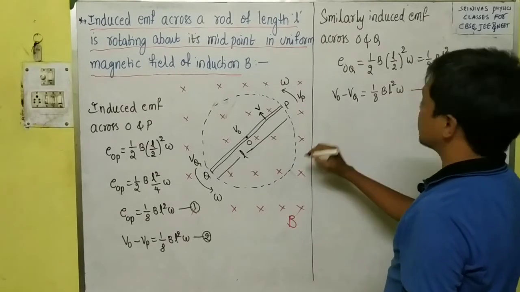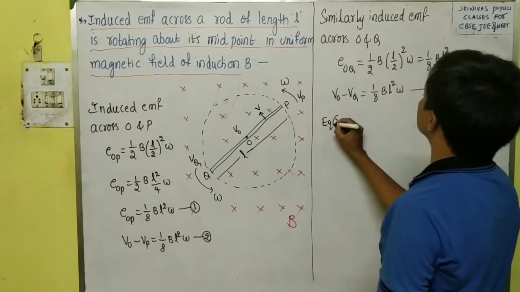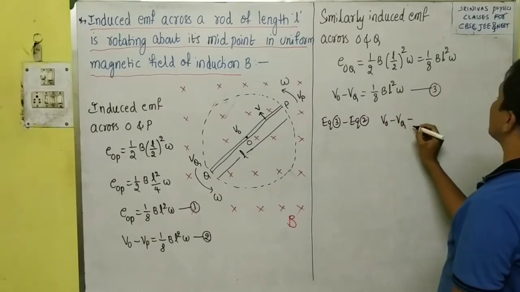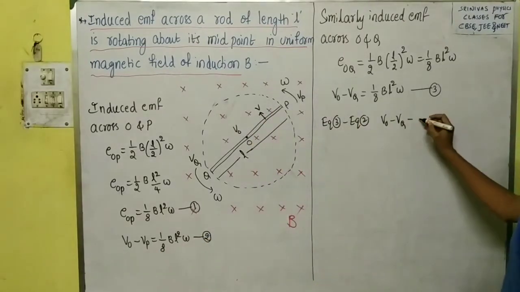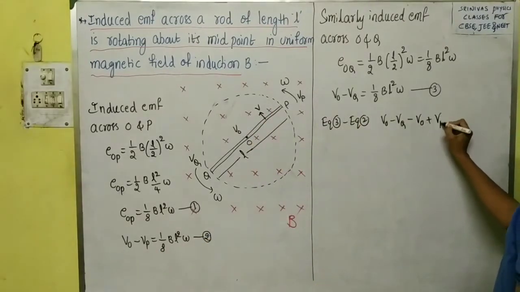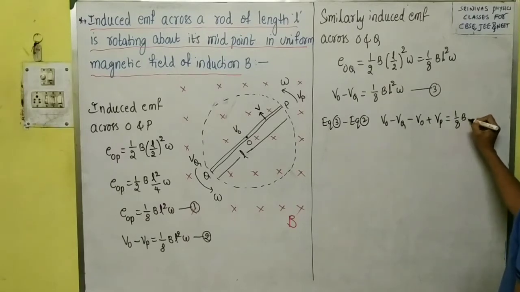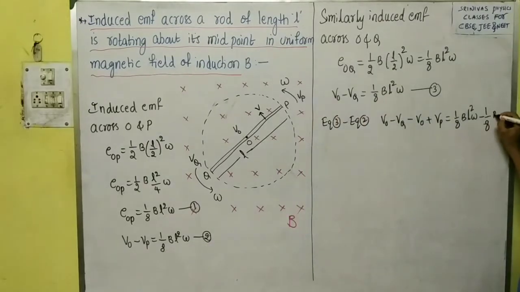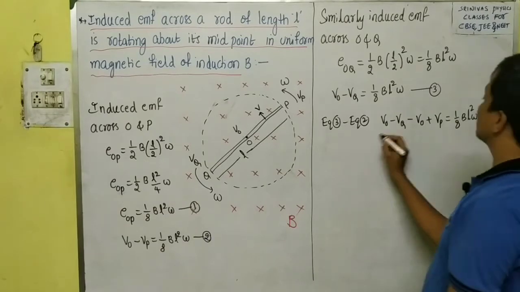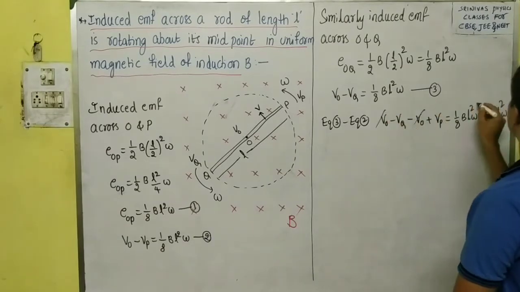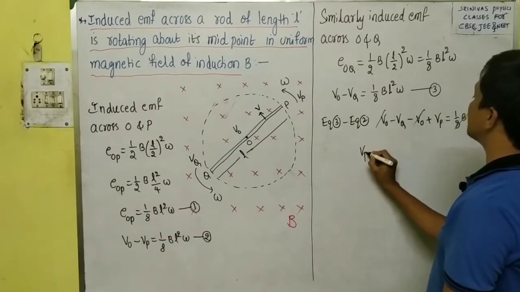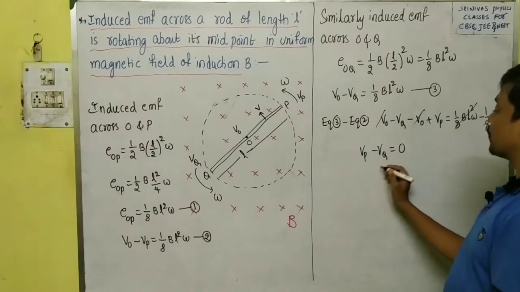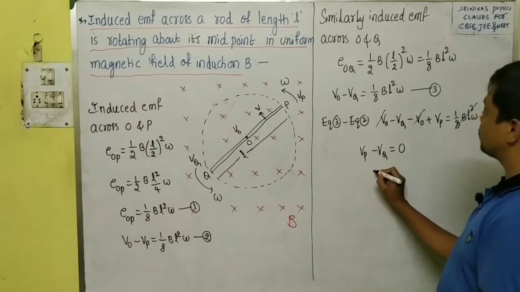That is VO minus VQ minus VO plus VP on the left side, and on the right side 1 by 8 B L square omega minus 1 by 8 B L square omega. VO and VO cancel, and the right side cancels, so finally we get VP minus VQ equal to 0. This is the potential difference between P and Q.